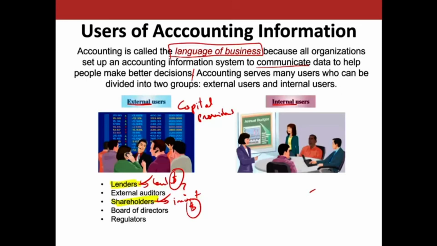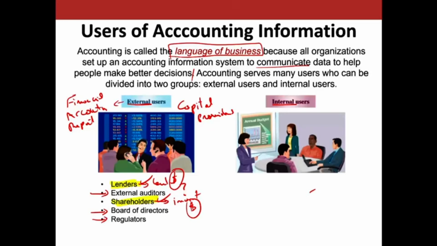To be more specific, for external users, we prepare financial accounting reports, or for short, financial accounting. External auditors might be interested, board of directors use those reports, regulators and government agencies use those reports.